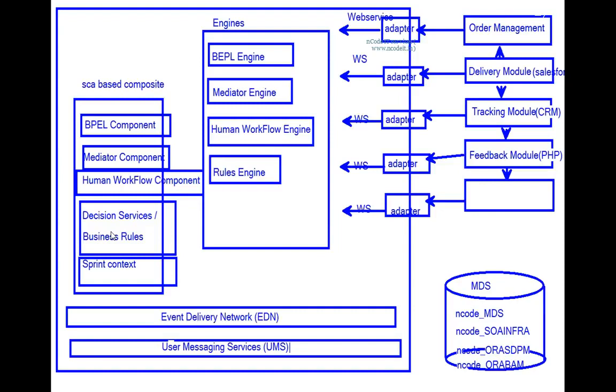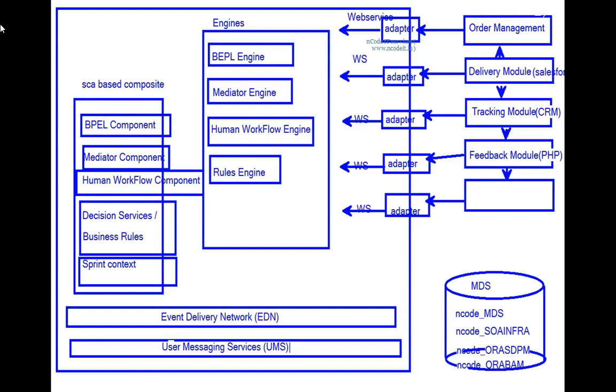It does not talk about technologies, it does not talk about individual ways of implementing it. A business process is much more generic, and that's what your BPEL, the business process execution language, or the Mediators provide. These provide certain services. We'll see those services as we go.